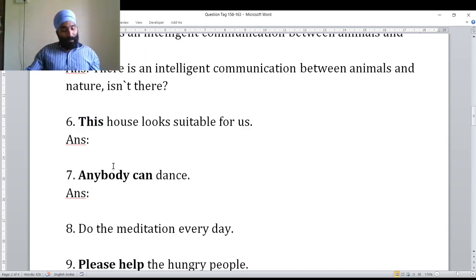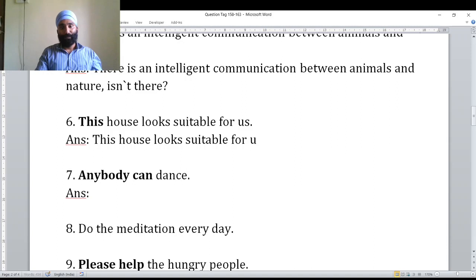So to change it into a question tag, write the sentence as it is: this house looks suitable for us. Now the subject is not this. The subject is house. We are talking about the house.